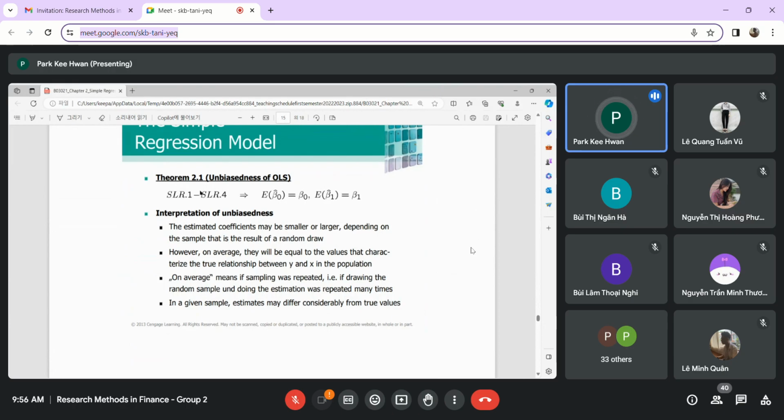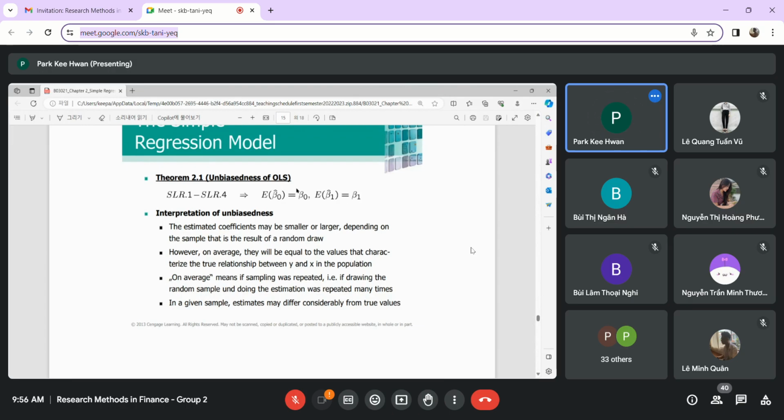Under these four assumptions, we can show that the expected value of beta naught hat is equal to the population parameter beta naught, and at the same time, the expected value of beta 1 hat is equal to the population parameter beta 1.